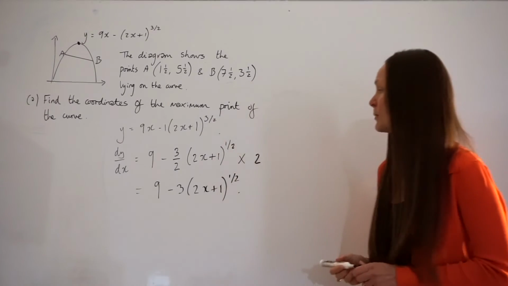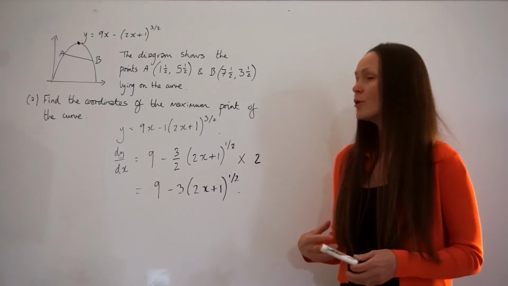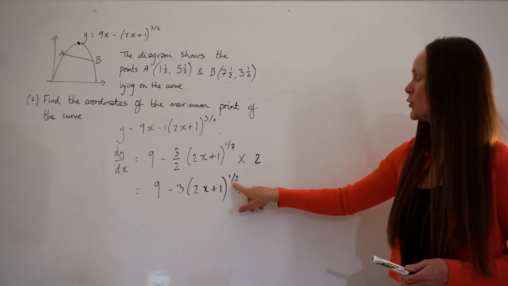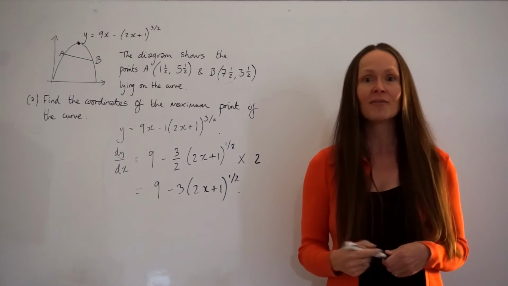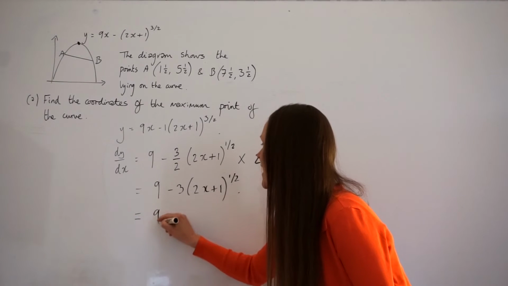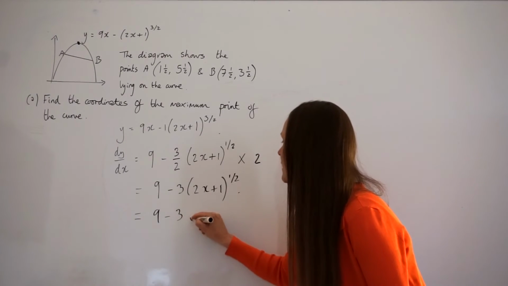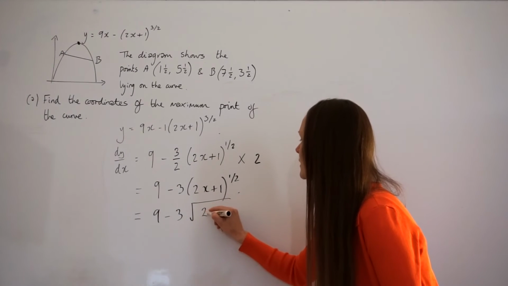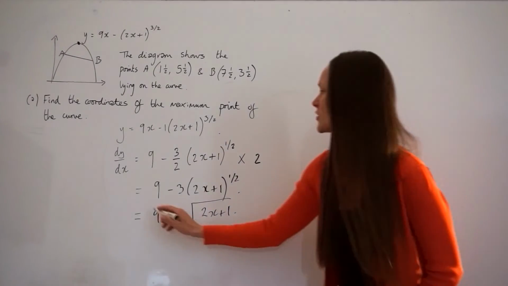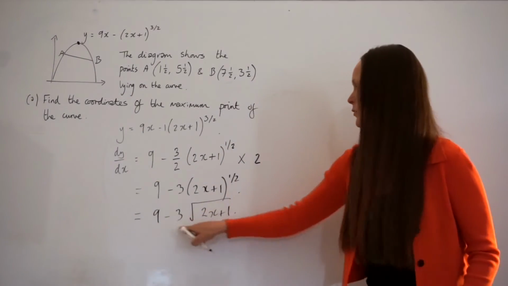To help me with the next part, I'm going to rewrite it not in power form. Remember that when you raise something to the power of a half, it's the same as square rooting. So I can rewrite this expression as 9 minus 3 square root of 2x plus 1. That is the same thing, it's just going to be easier to work with in this form.